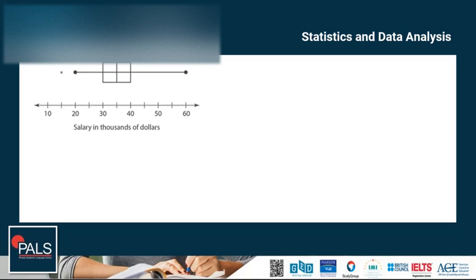So in this example, that means that 50% of the employees earn between $30,000 and $40,000 a year. So the median is $35,000, the line in the middle of the box. So you can also say that 50% of the employees earn less than $35,000 in salary. Okay, because 35 is the median.